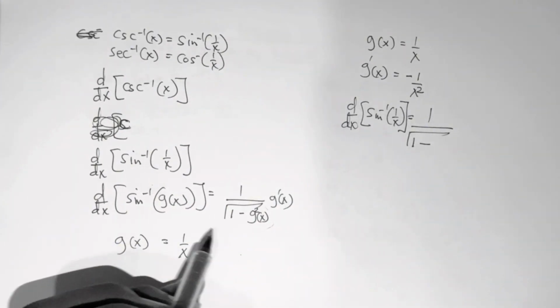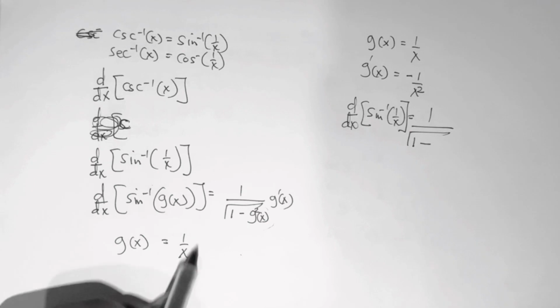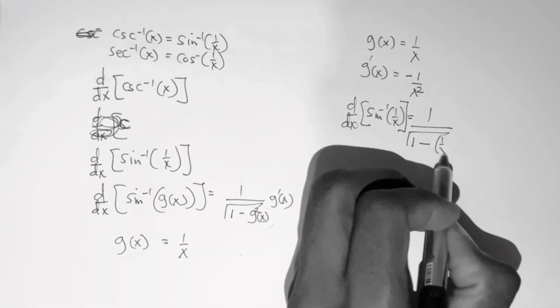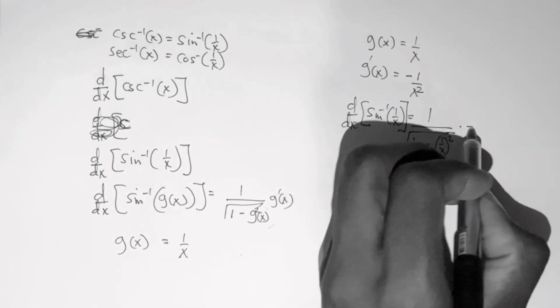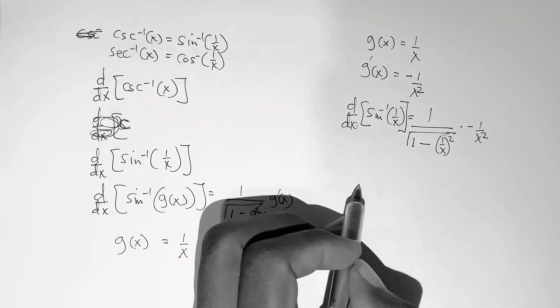Now, g squared is the same as 1 over x squared, so 1 over x squared, then times g prime of x, which is minus 1 over x squared.